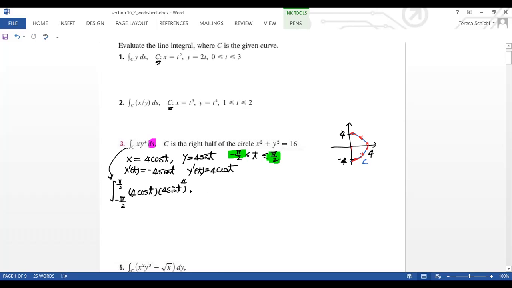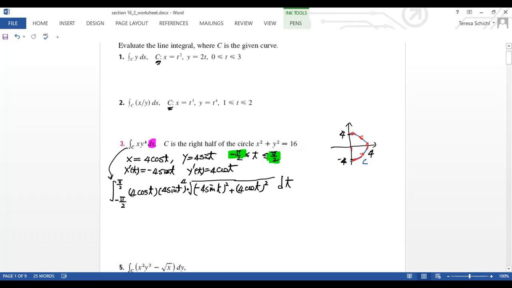Now I have a square root inside because of ds, which is the square root of x prime squared plus y prime squared. So x prime squared is negative 4 sine t squared, plus 4 cosine t squared.